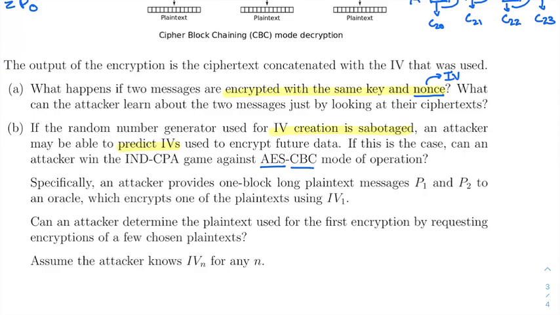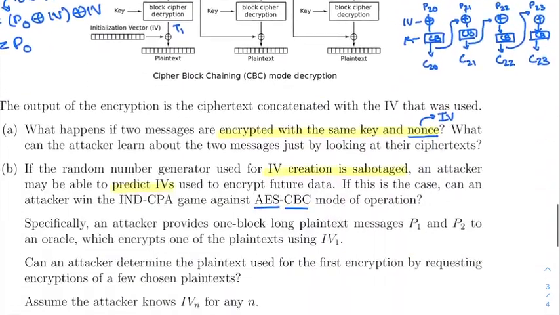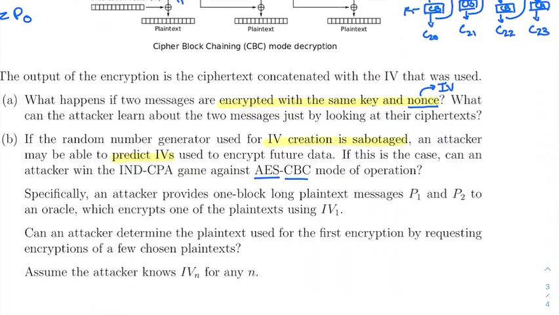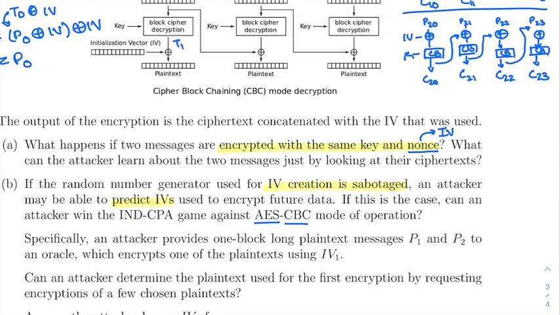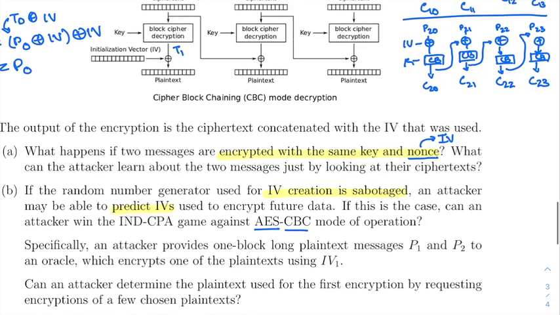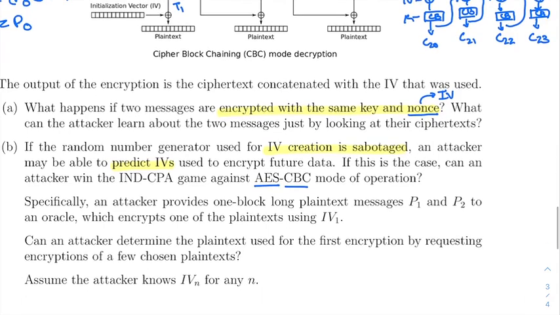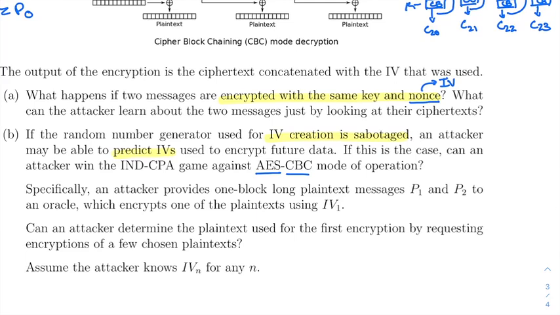So we're talking about the cipher block chaining schema, which uses the AES encryption algorithm as the block cipher encryption, against this mode of operation. So specifically, an attacker provides one block long plaintext messages P1 and P2 to an oracle, which encrypts one of the plaintexts using IV.